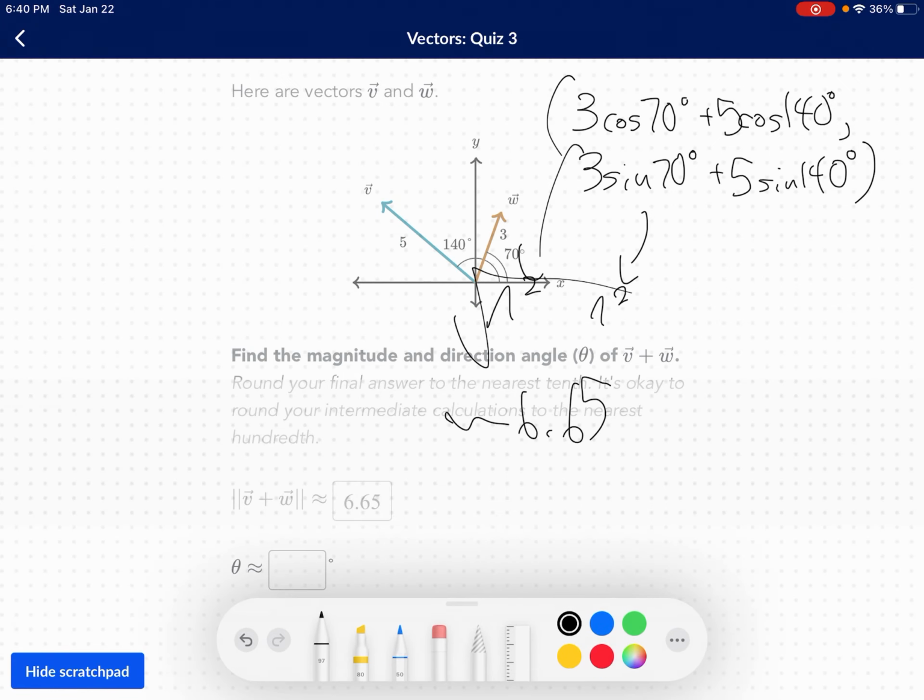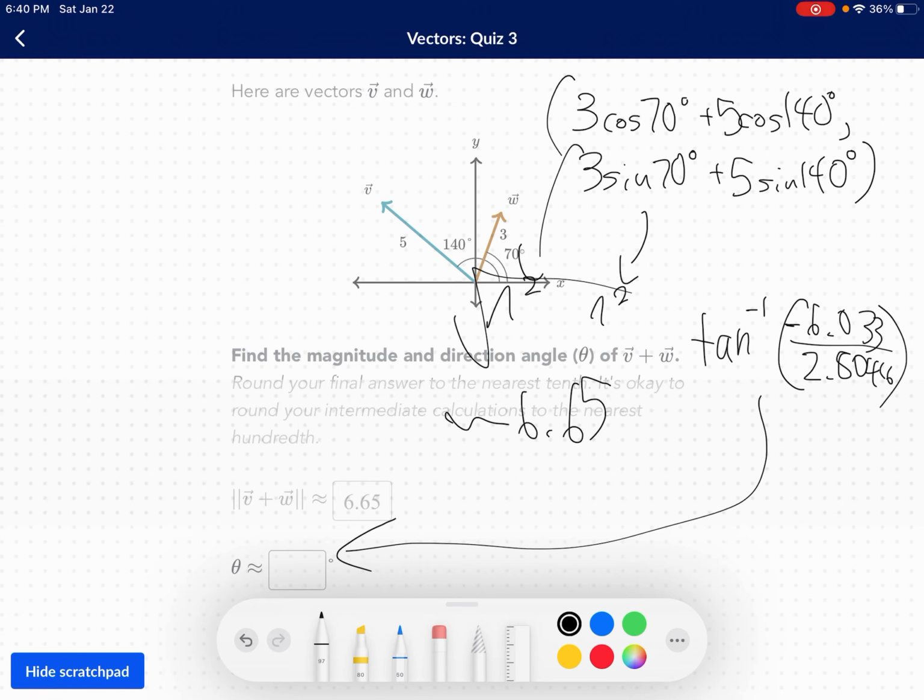And the direction angle is just inverse tangent of the y component over the x component. So it should be inverse tangent of my y component, which is 6.033 over, and I'll make this negative because the x component's negative, 2.80416. And I need to convert accordingly.